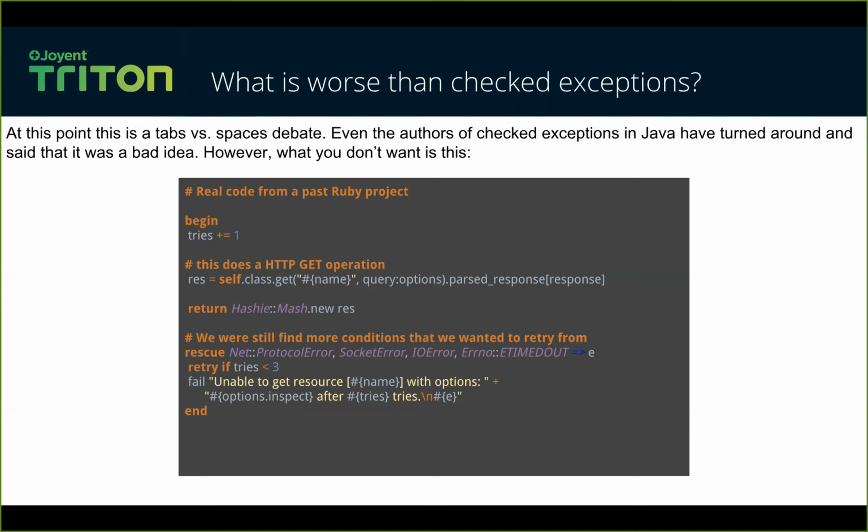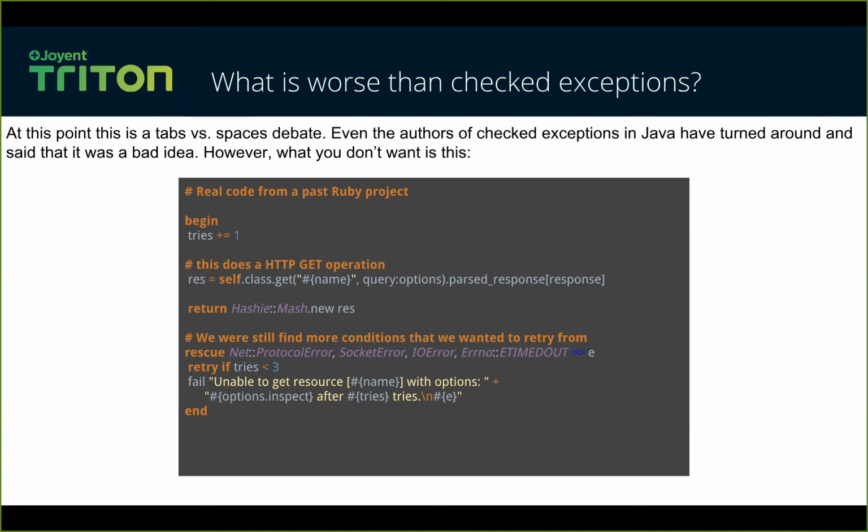So looking at this code snippet here, we see an operation that makes a call over HTTP to an external service. This is real code from a past code base I worked on, and it wants to retry if there's network or HTTP related errors. Interestingly, this particular call was part of a web crawler that was making calls to hundreds of thousands of servers out on the internet.